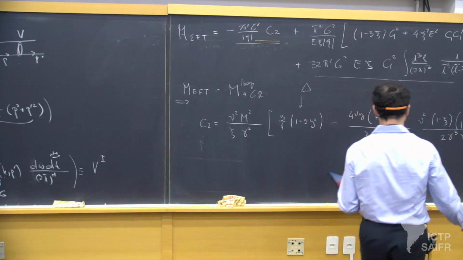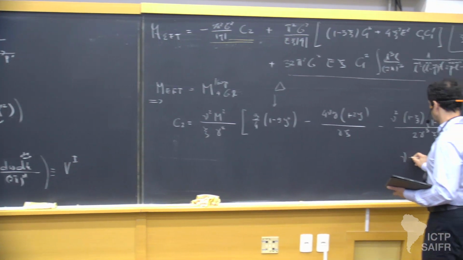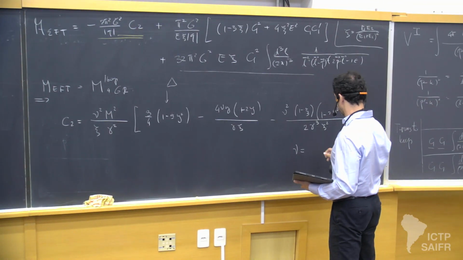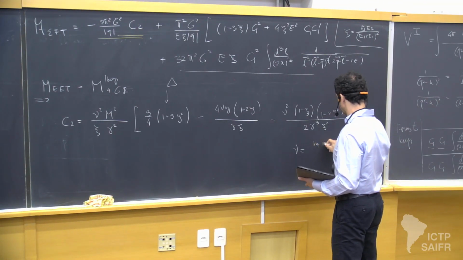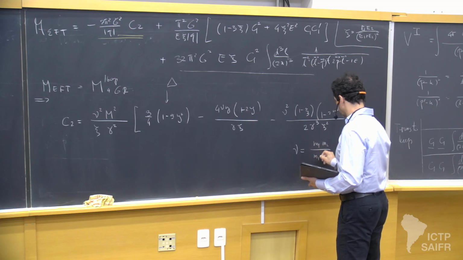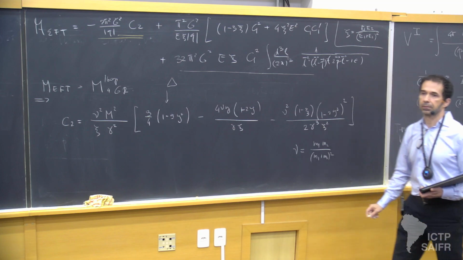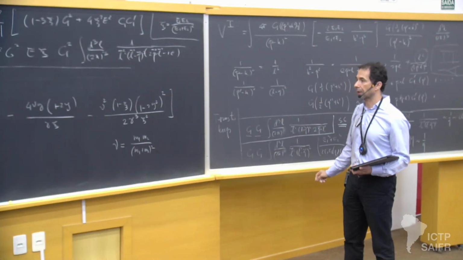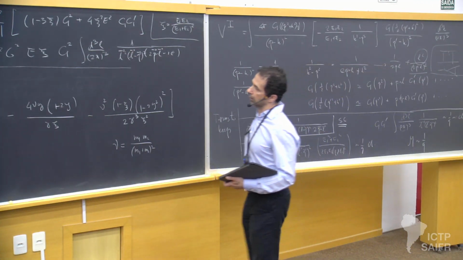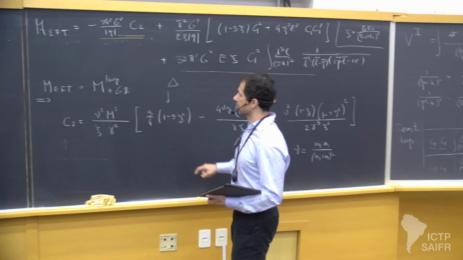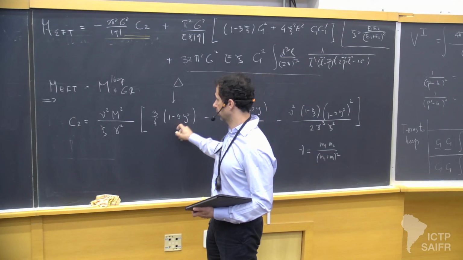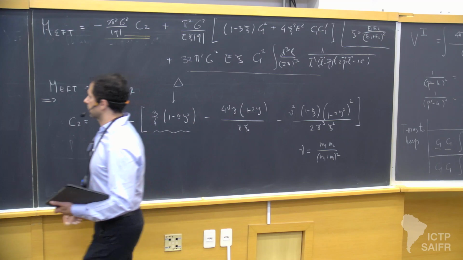What's new? Yes. So new is M1, M2 by M1 plus M2 square. Okay. So again, the thing to notice here from this structure is that there is a piece that comes from the amplitude, this one. I didn't, so this is for GR.